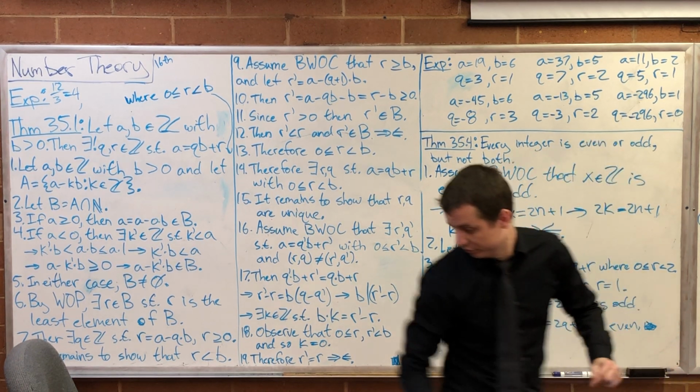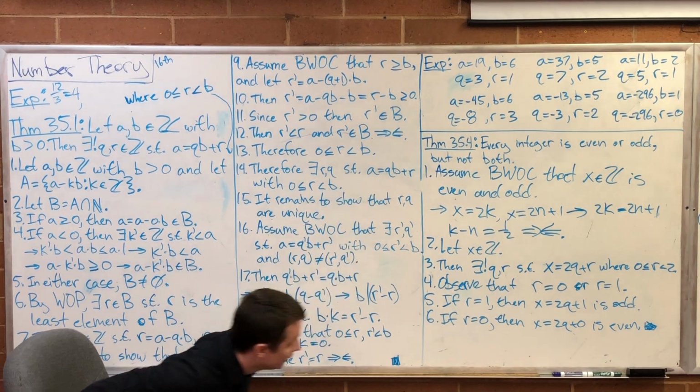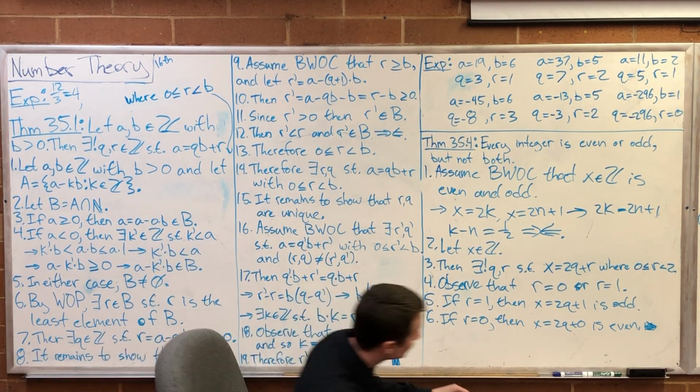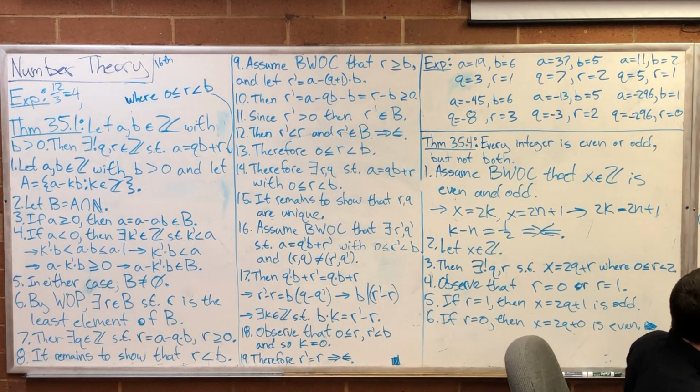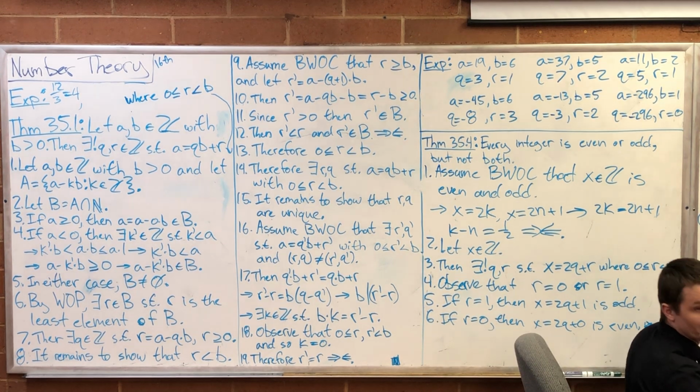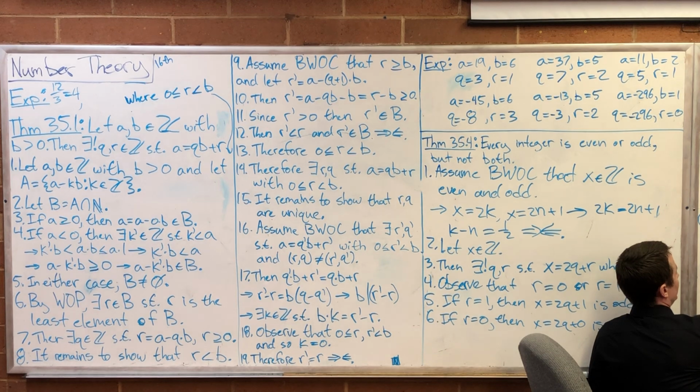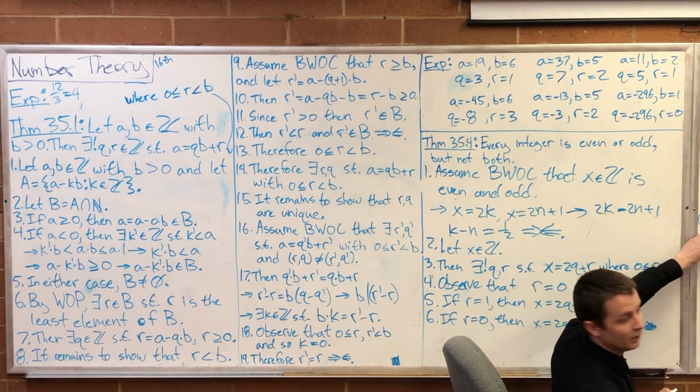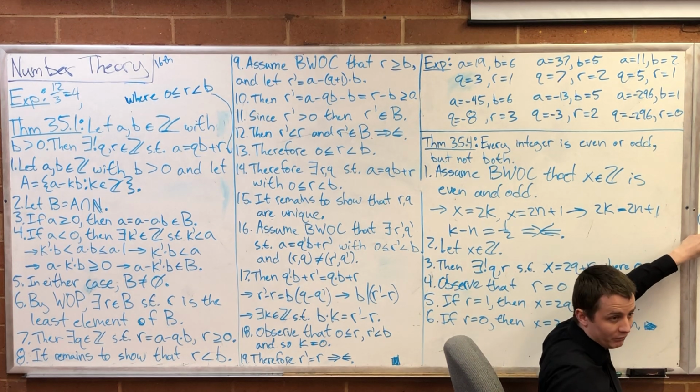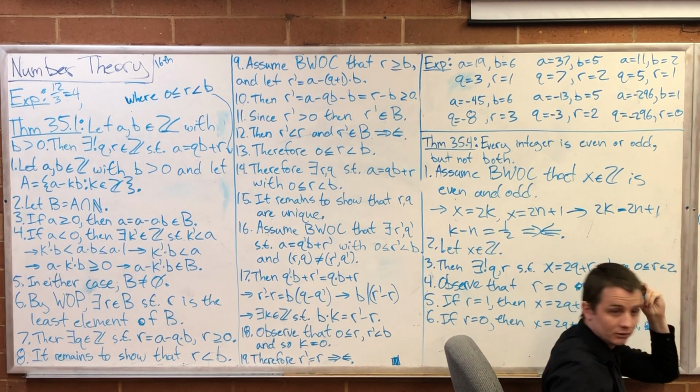How do I want to do this? Should I just break up into its cases? Seems like there's an easier way. We'll just break it up into these cases. I'm sure that there's a clever way to think about it, but I don't want to waste time coming up with it. So we'll just handle the case where they're both even and then the case where they're both odd. That's all the cases.